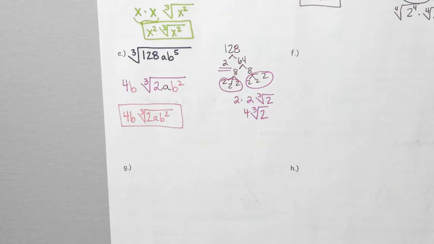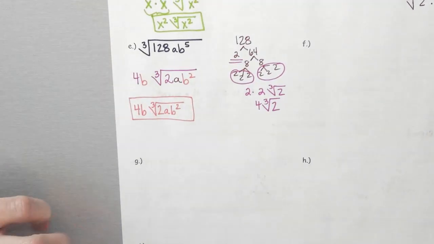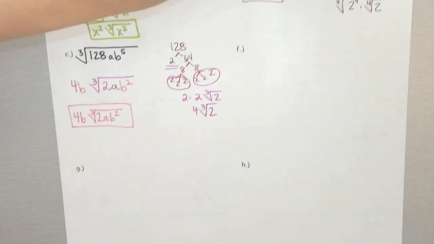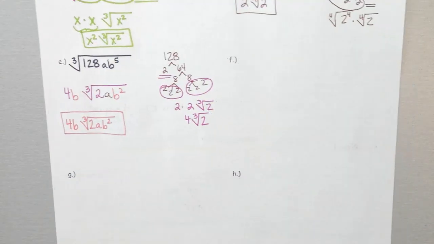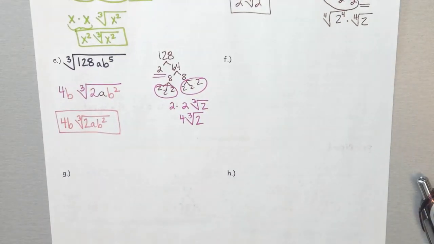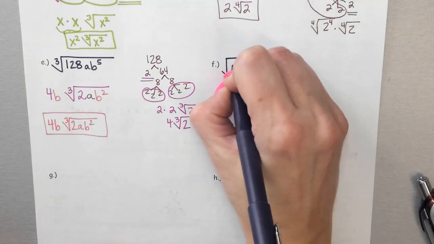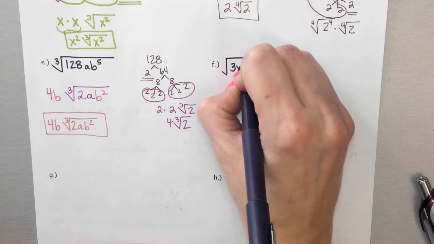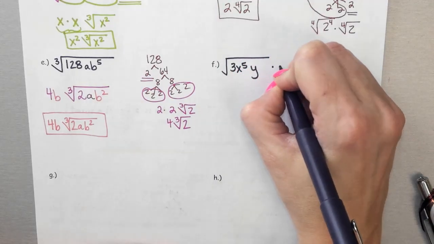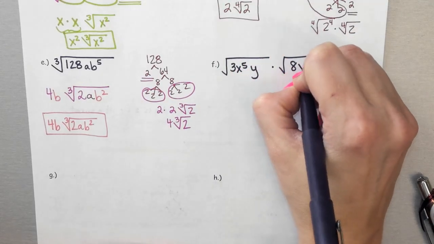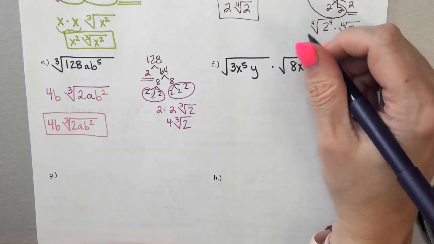Okay, and sometimes I do just rewrite the answer to make sure I have my notation nice and legible there. All right, now other times you might be given 2 radicals that are being multiplied together.